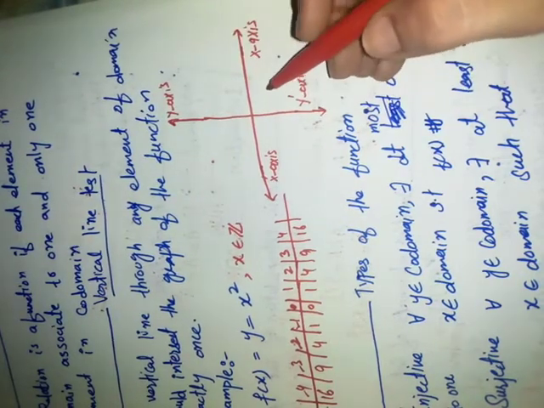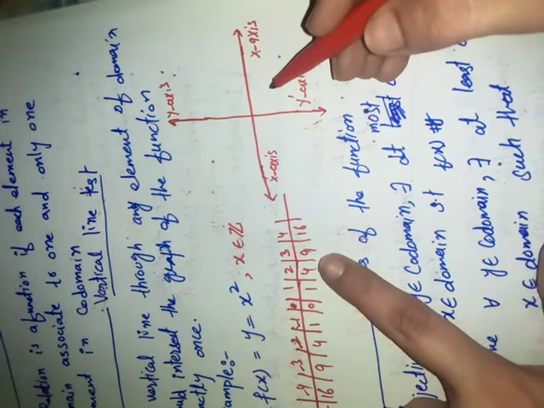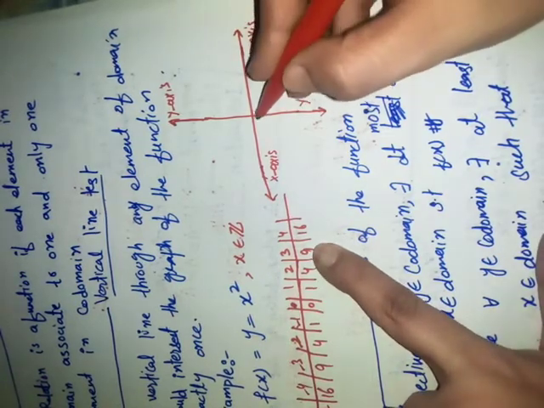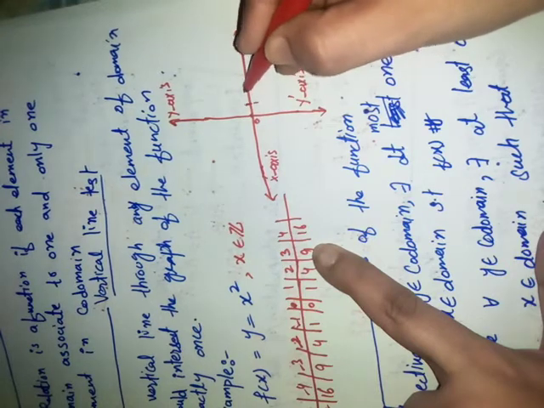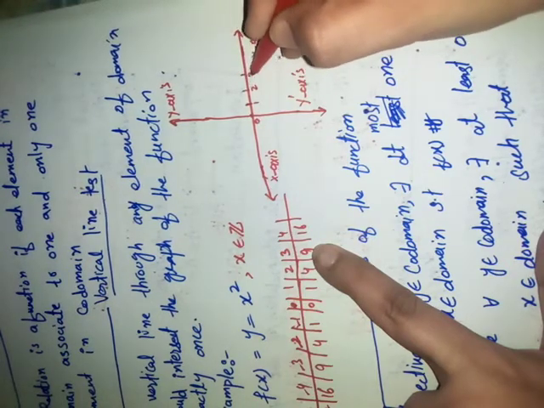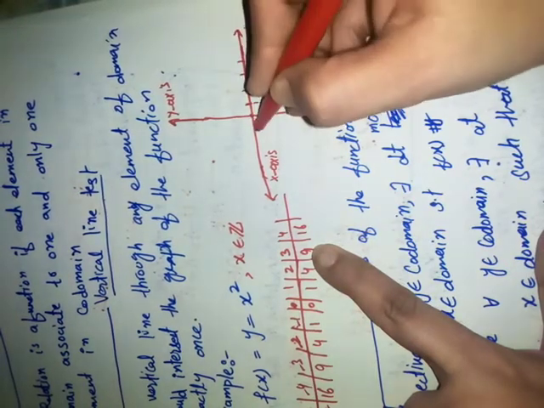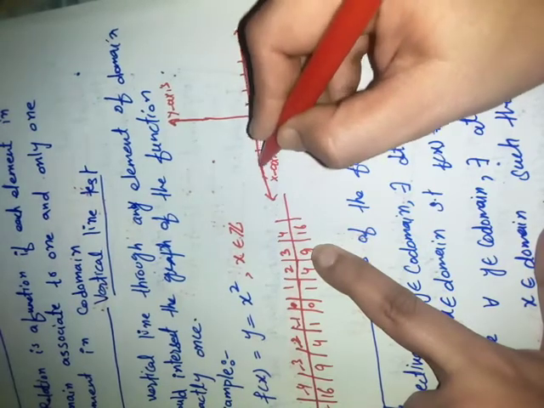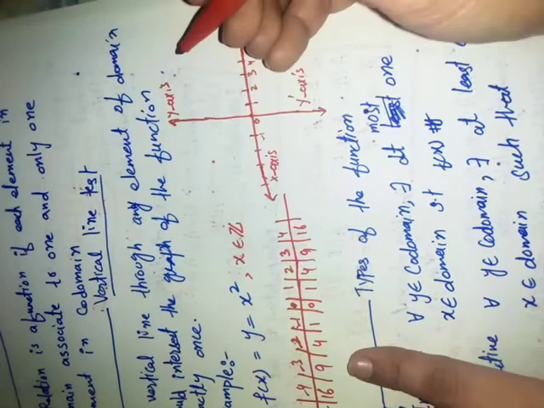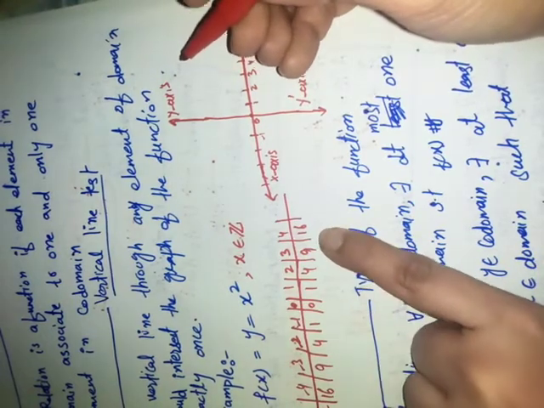You may define the scale. On the x-axis you have values up to 4. Here is 0, 1, at equal distance 2, at equal distance 3, here is 4. Here are the negative values, -1, -2, -3 and -4, and on the y-axis the values are up to 16.